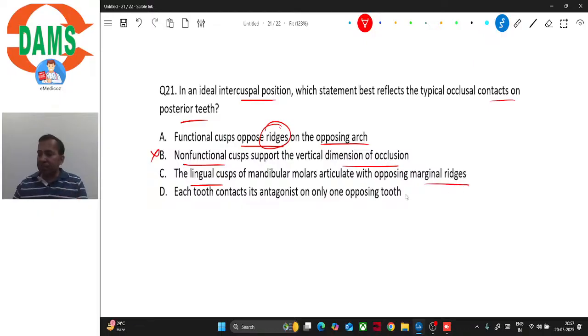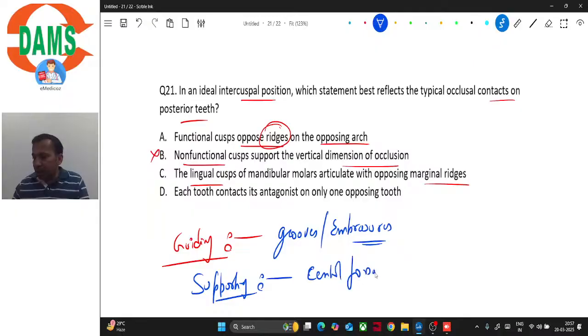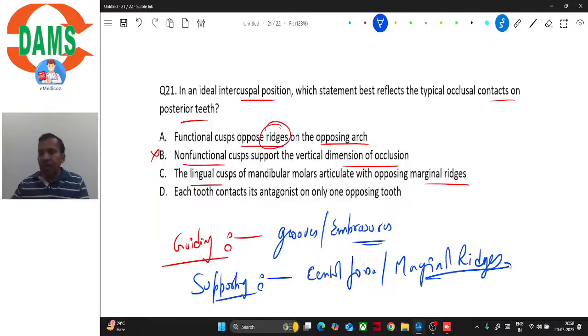Now the guiding cusps oppose the grooves or embrasures, and the supporting cusps will occlude with the central fossa or marginal ridges, right?